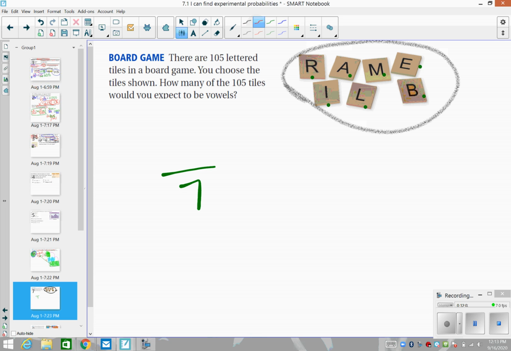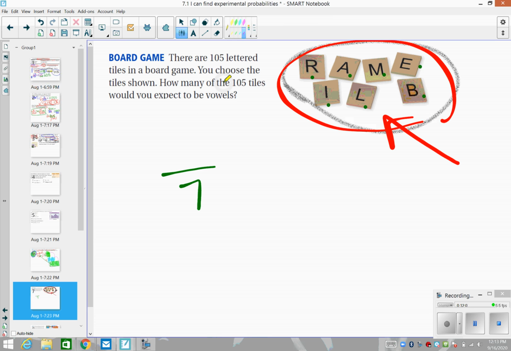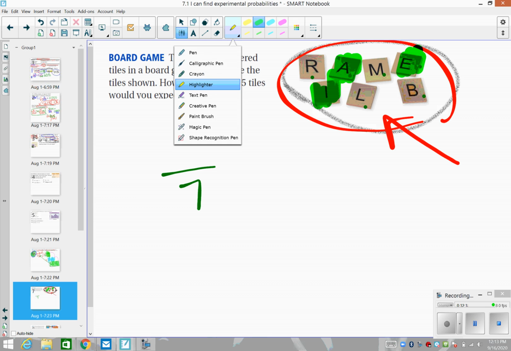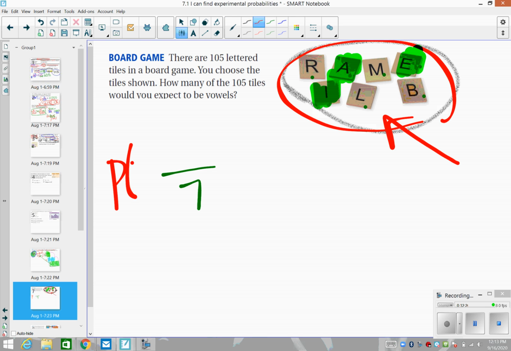First, what we have to start with is our actual experiment. If I look at the vowels that I drew out in my random experiment, that's a vowel, that's a vowel, that's a vowel. Reminder, A, E, I, O, U, and sometimes Y are vowels. Based on my experiment, I got 3 vowels out of 7 when I grabbed a sample of 7.